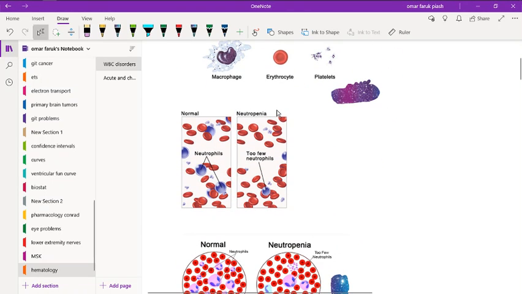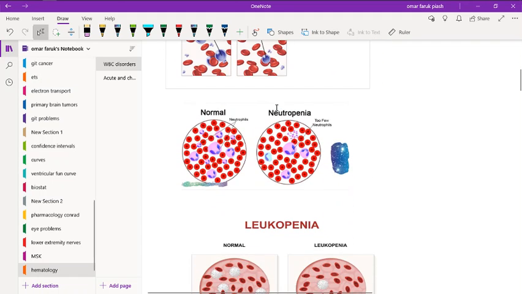This is the picture of neutropenia. And what does neutropenia mean? Neutropenia means decreased neutrophil count, and it happens with some drugs and drug toxicity, some chemotherapeutic drugs, and it occurs due to severe infection like gram-negative sepsis.